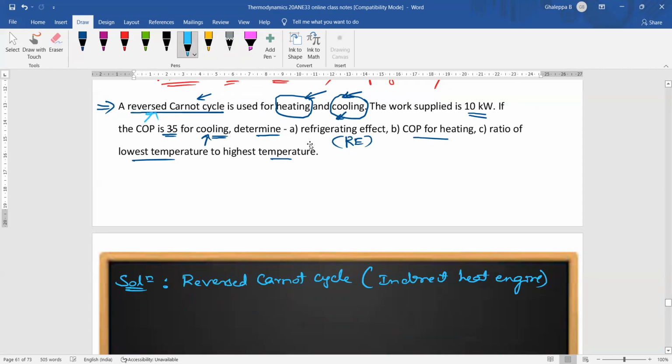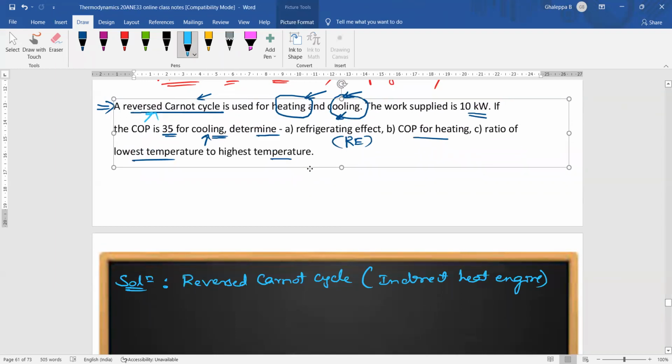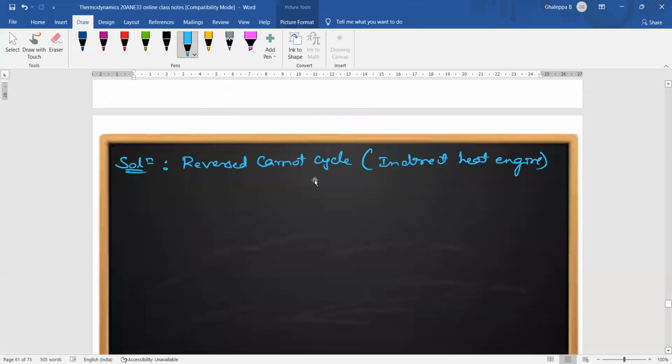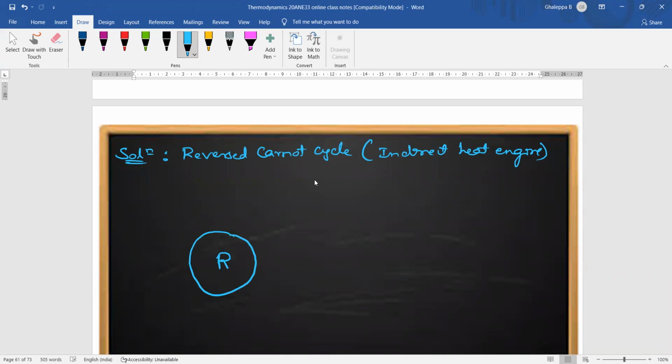So what I do is, let me take one simple block diagram. Okay, so this is one engine, that is a refrigerator. It absorbs heat from a device from the low temperature reservoir, that is T1, and rejects heat to the high temperature reservoir T2.